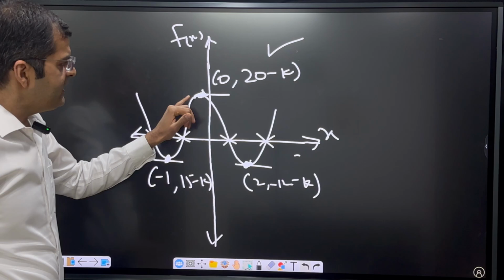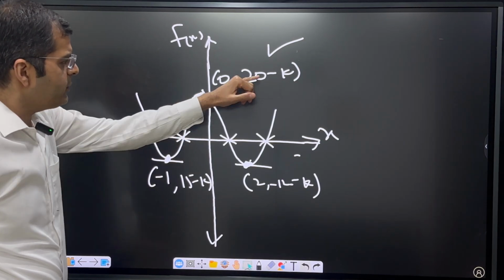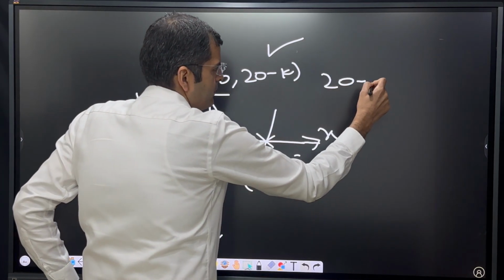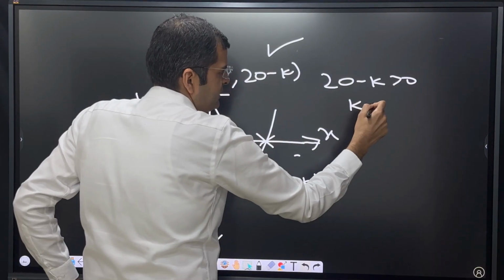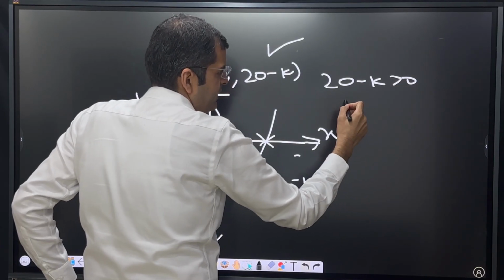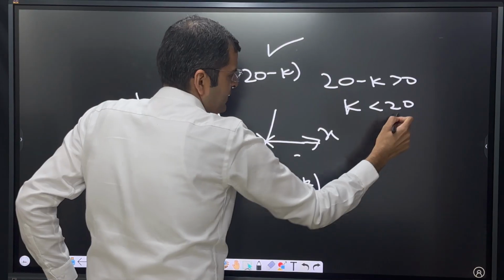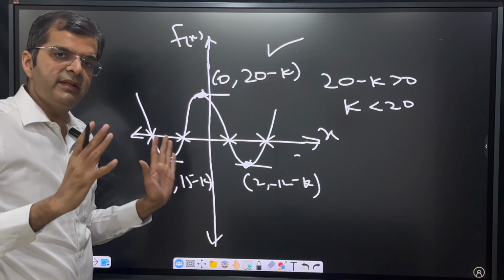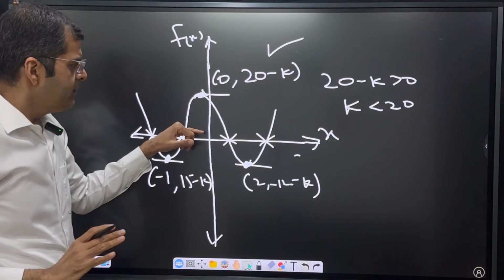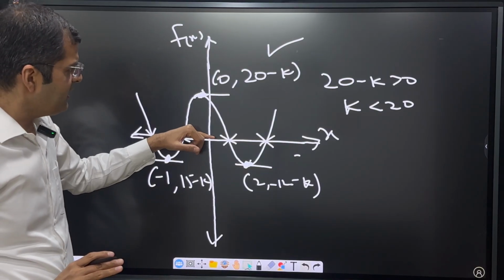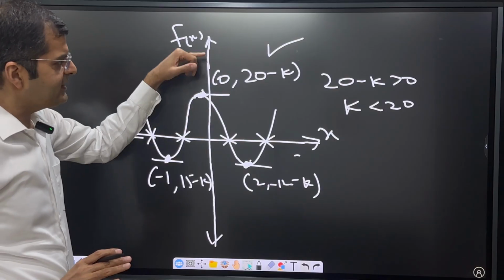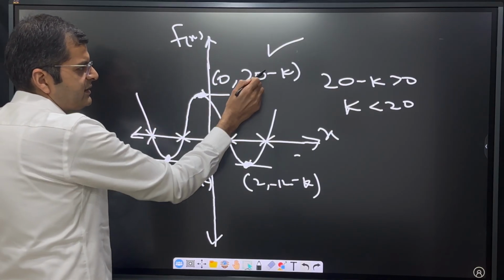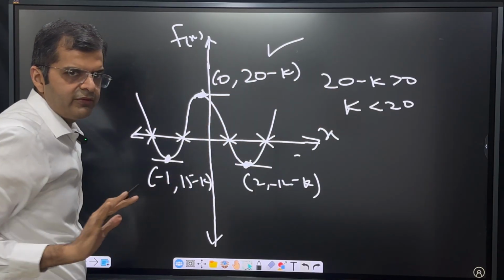We know the graph is like this. So that means over here 20 minus k should be positive. That means k has to be less than 20. Because we see from this graph that this point is lying above the x-axis. So if it is above the x-axis, the y coordinate has to be positive.